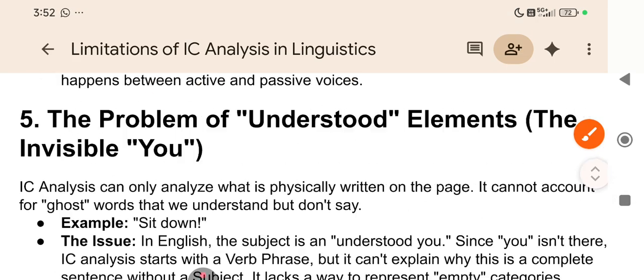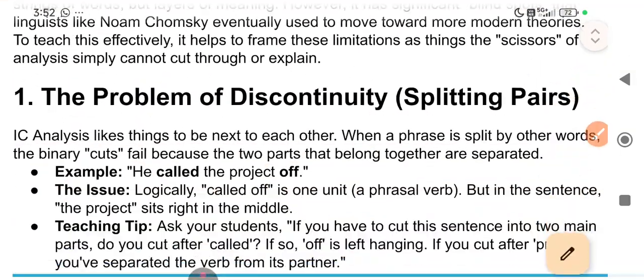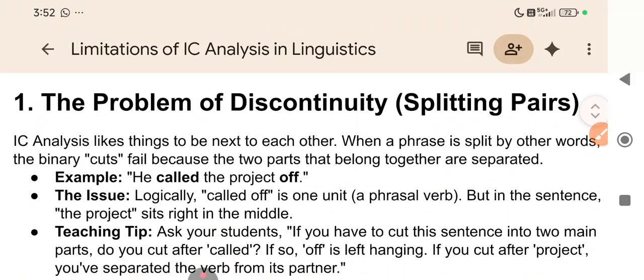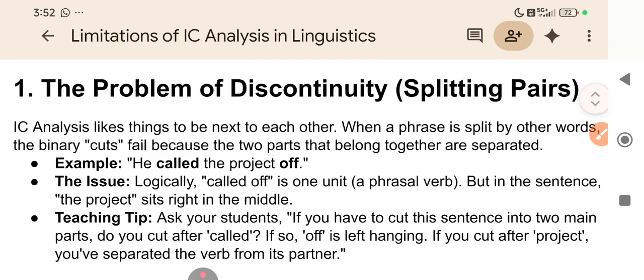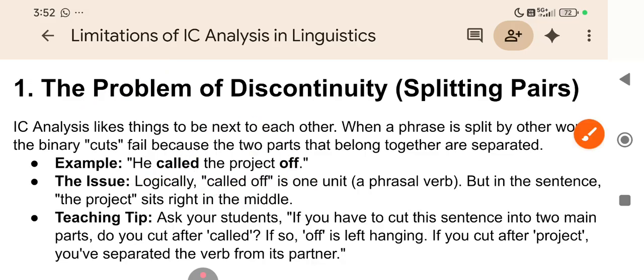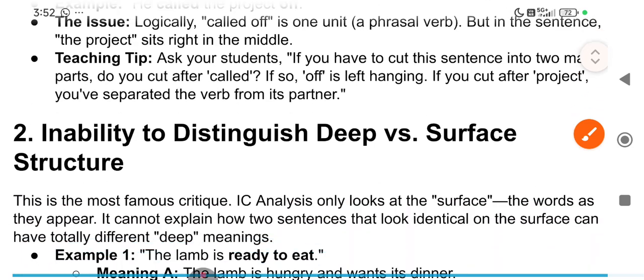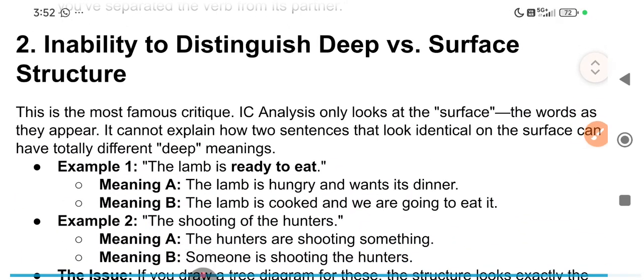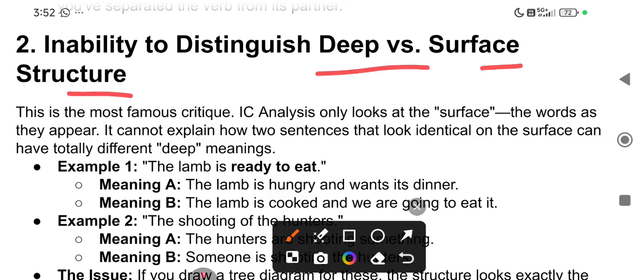So here we have seen that in some fronts IC analysis has failed. For example, the problem of discontinuity, we have seen the example: "He called the project off," between "call" and "off." So phrasal verbs are used this way. Then the inability to distinguish deep and surface structure, right?